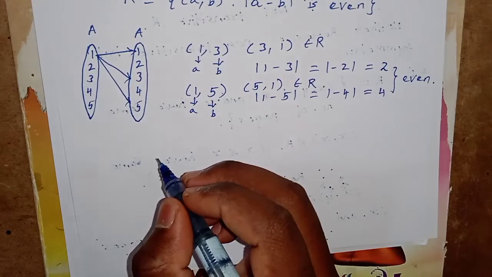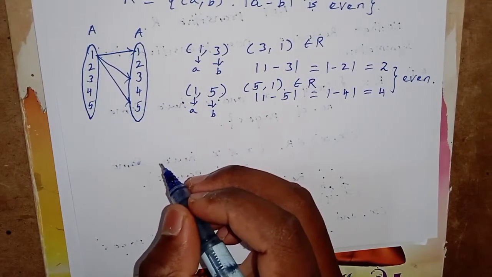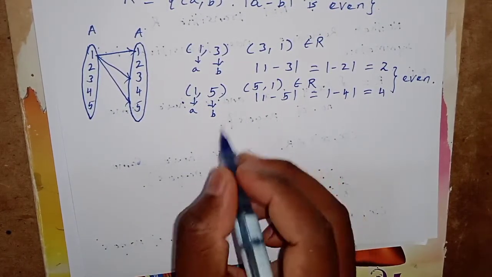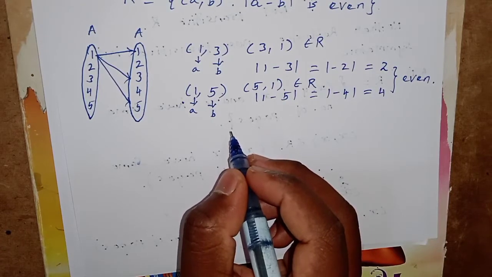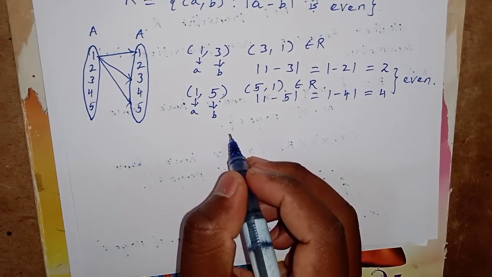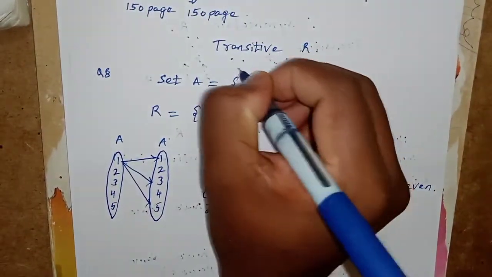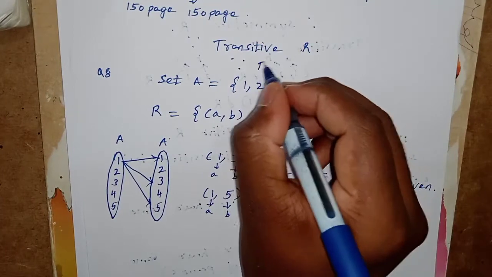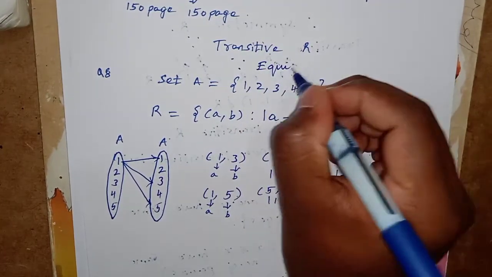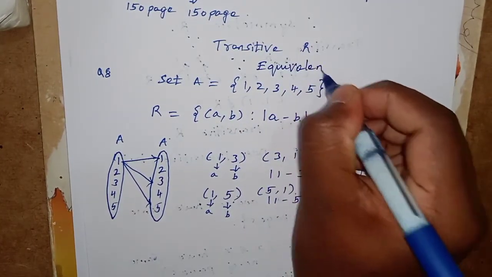You have to satisfy all three conditions because here it is an equivalence relation. Equivalence relation means you have to check all three conditions. In question number 7 also you have to write equivalence relation, because in question number 7 it is satisfied.